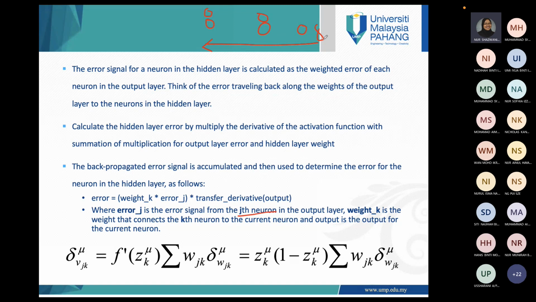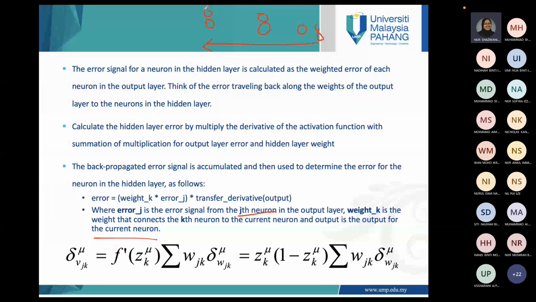Weight k is the weight that connects the kth neuron to the current neuron. That means whichever neuron you are working on right now, you multiply by the weight for that one. And output is the output for the current neuron.